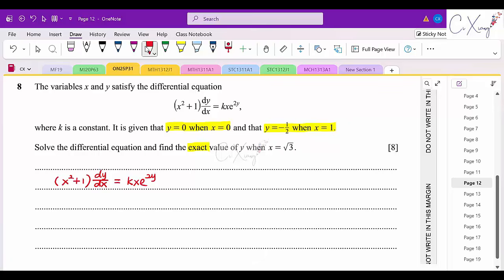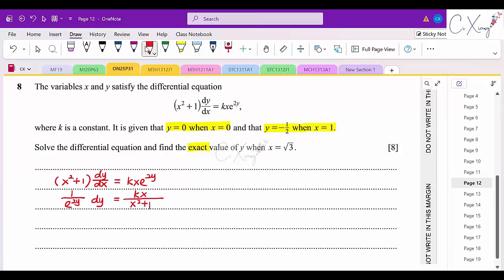Basically, you can see clearly that we're having x and y. So we are going to group all the y at one side. That means I'm going to move the e power 2y to the left, so I'll be having 1 over e power 2y, then copy the dy. The rest I want to bring to the right hand side. Like x squared plus 1 on the right, I bring it over and it becomes divided by x squared plus 1.